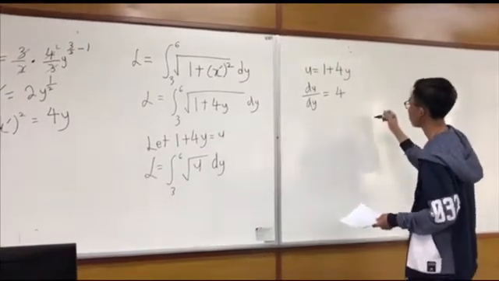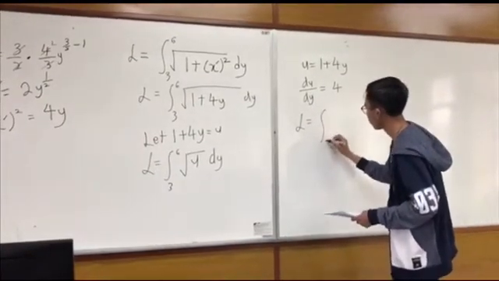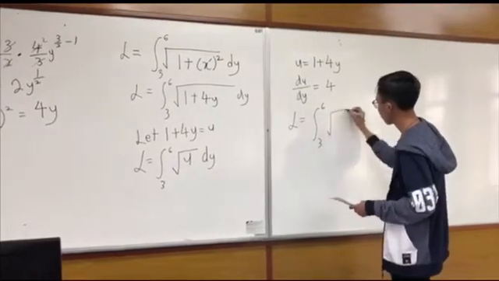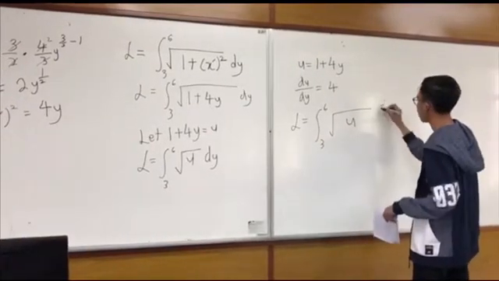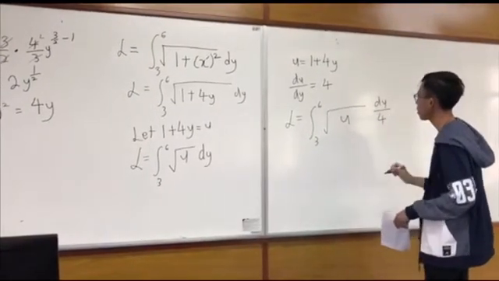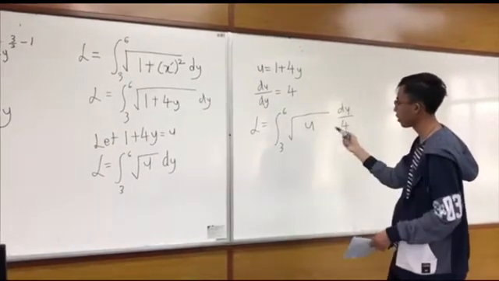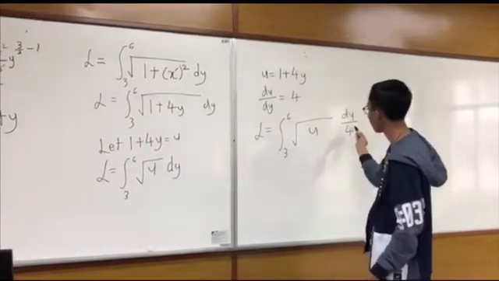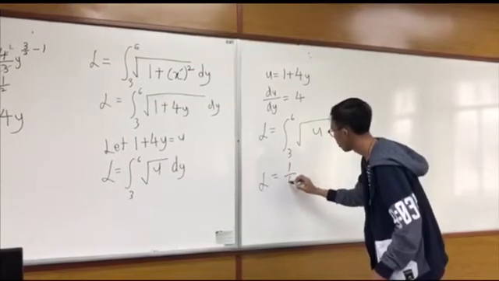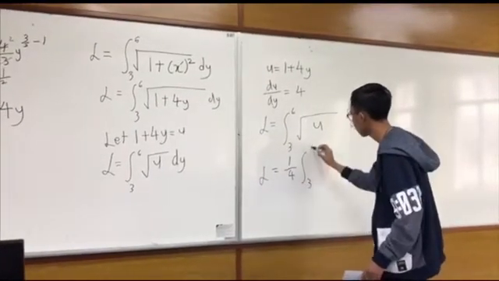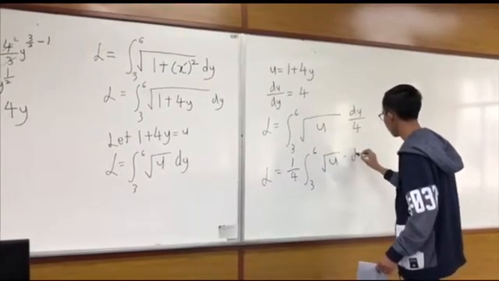So L equals the integral from 3 to 6 of the square root of u, and we substitute dy and we get du over 4. Now we have to integrate it. We bring 1 over 4 to the front, and we get L equals 1 over 4 times the integral from 3 to 6 of the square root of u du.